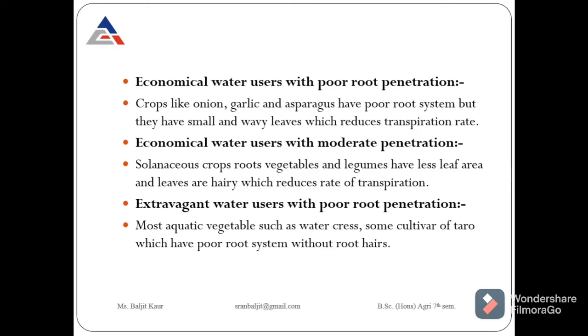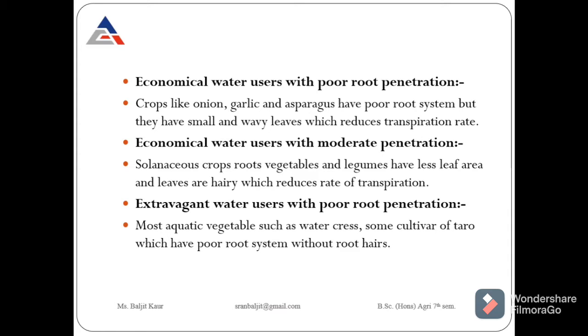Next is the group of economical water users with moderate penetration of roots. Crops like solanaceous crops, root vegetables, and legumes have less leaf area and the leaves are hairy, which reduces the rate of transpiration, right? They also have moderate penetration of roots, and their leaf area is small and the leaves are hairy, so they reduce the rate of transpiration and use water economically.